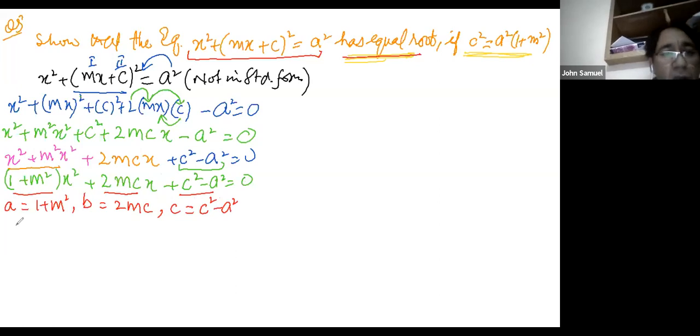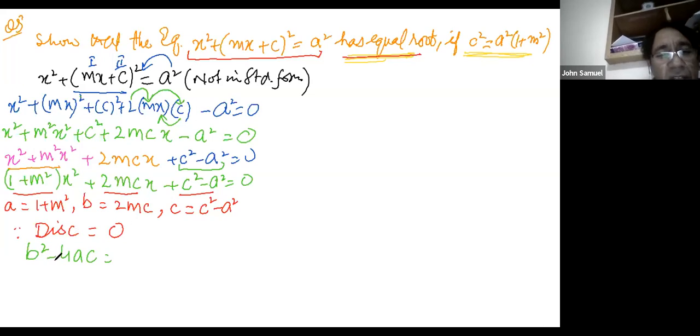Right. Now since it has been told that the roots are equal, so we can write discriminant is equal to 0. And what is discriminant, my dear student? You are familiar, discriminant is b square minus 4ac.